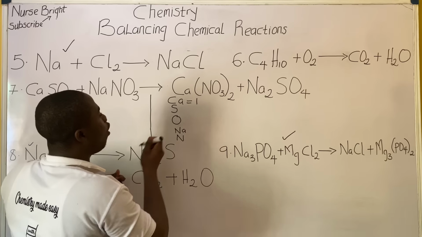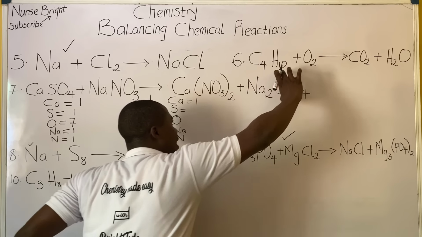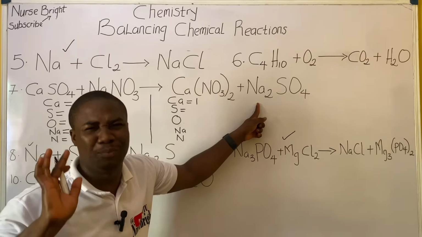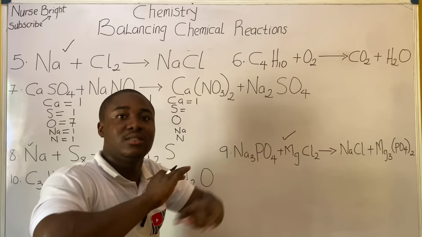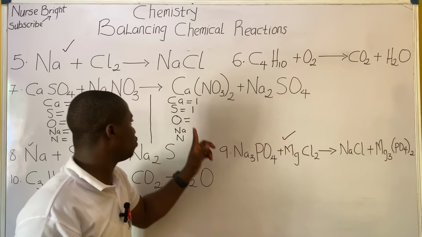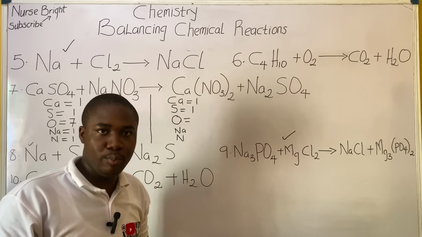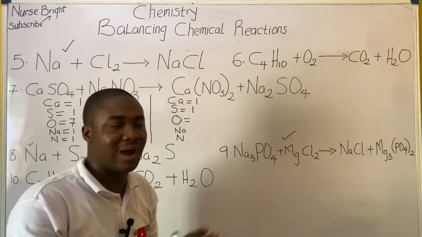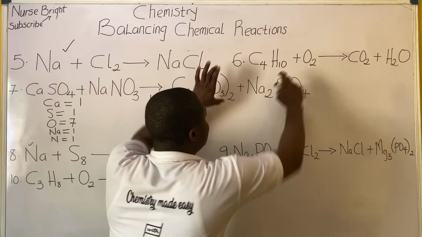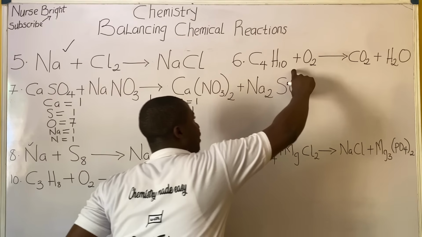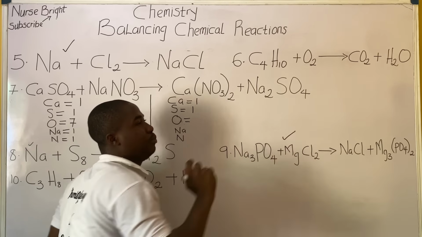So let's check sulfur. At the right hand side, we have just 1 sulfur. This one does not have brackets. So we have just 1 sulfur. It's very simple. So moving over to check for oxygen. How many oxygen atoms are we having in the right? Oxygen appeared in 2 parts of this compound. Oxygen appeared here and oxygen appeared in this compound bracket.